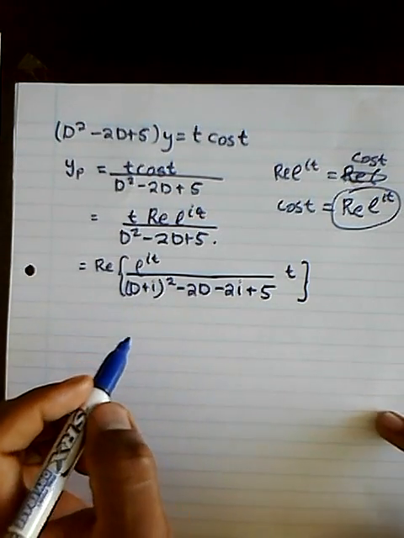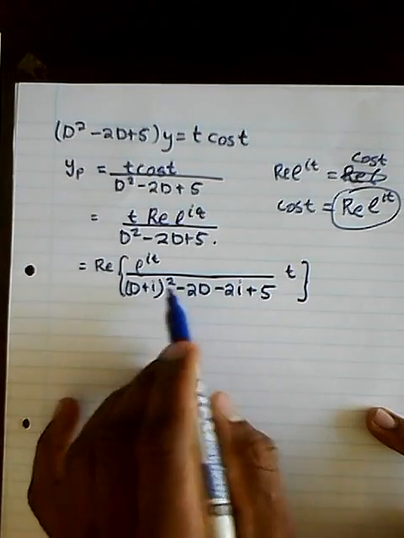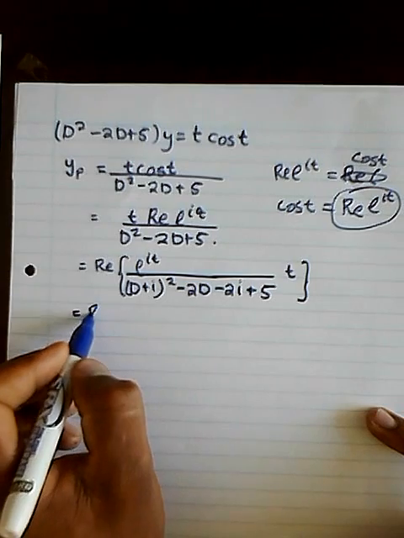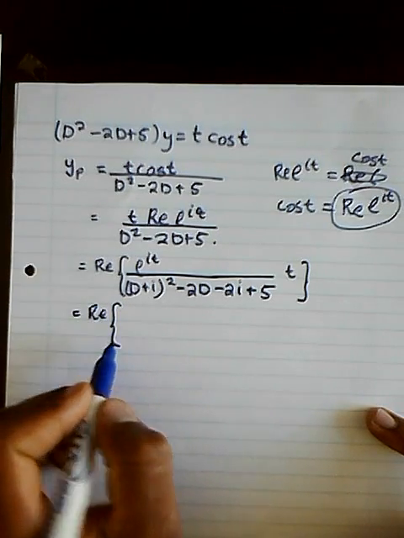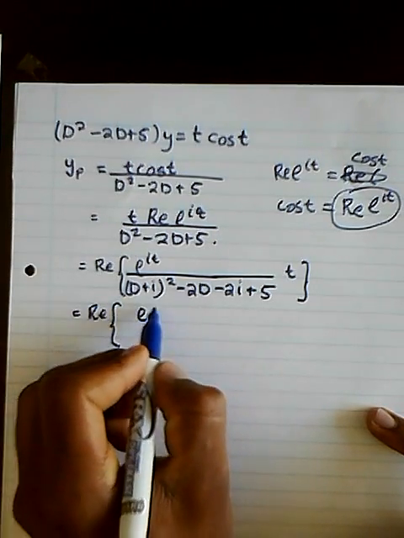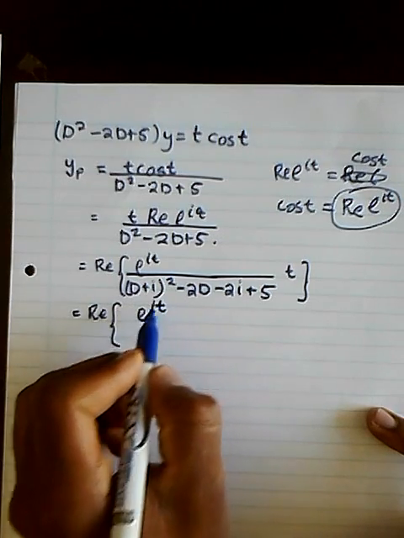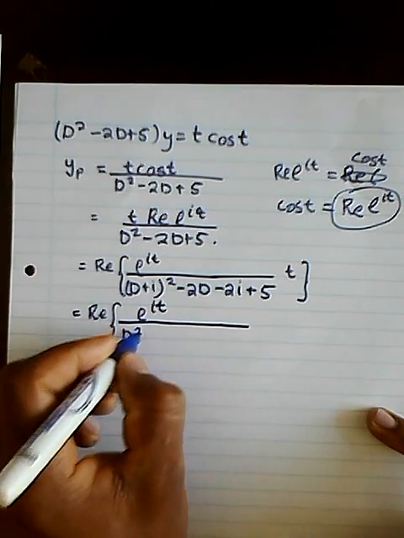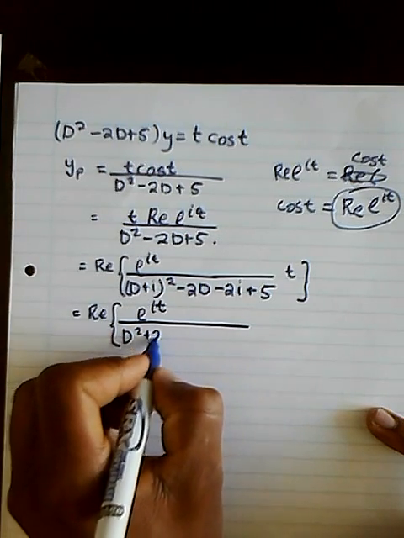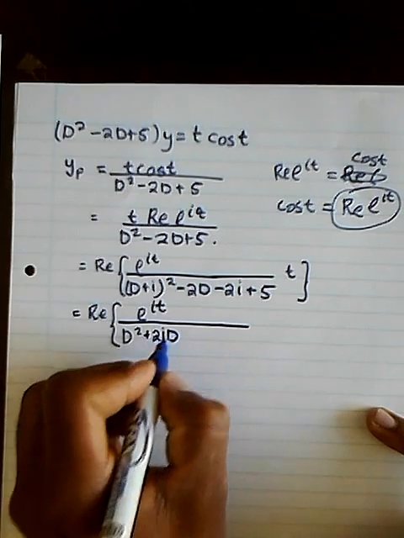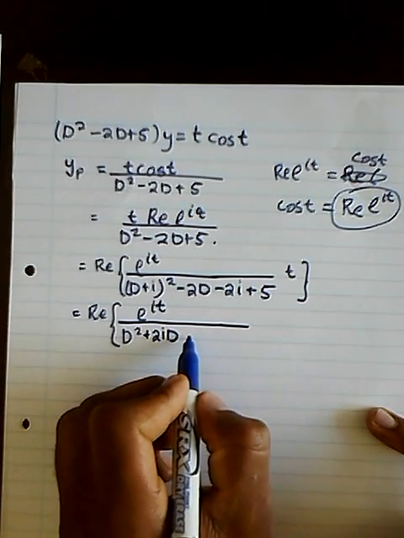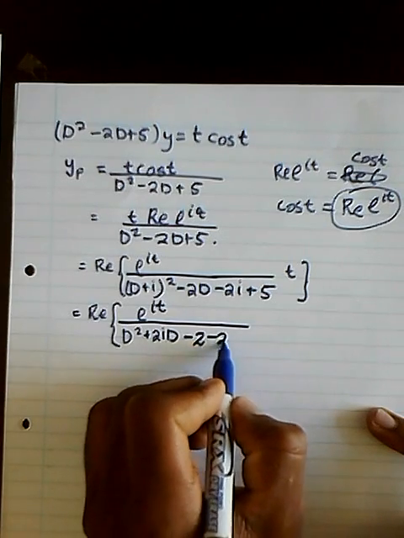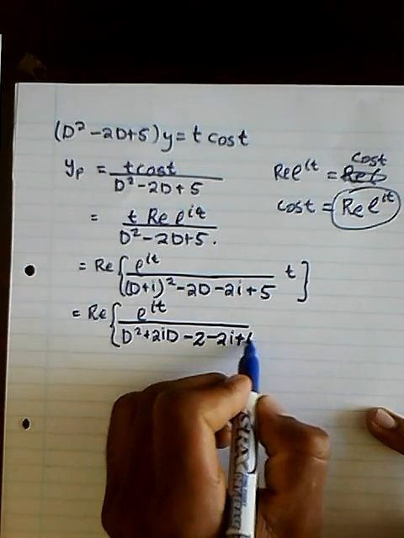Now we have this thing here. Let us work out the denominator of this, and then we get the real part of e to the it divided by d squared plus 2id minus 2 minus 2i plus 4.